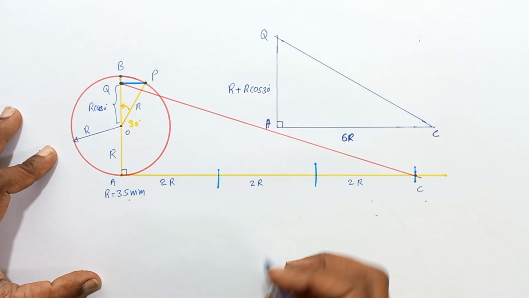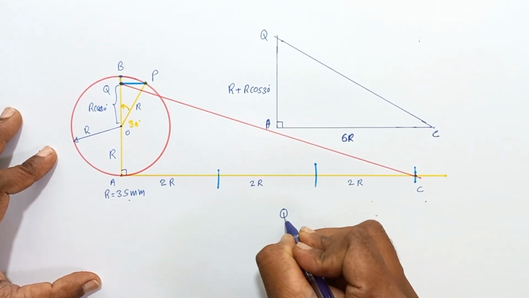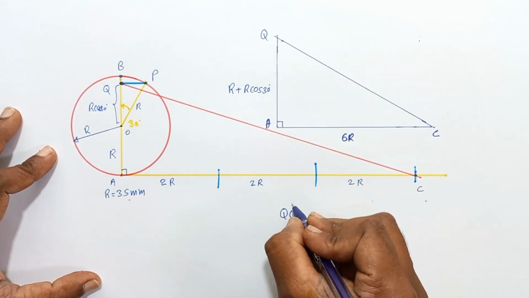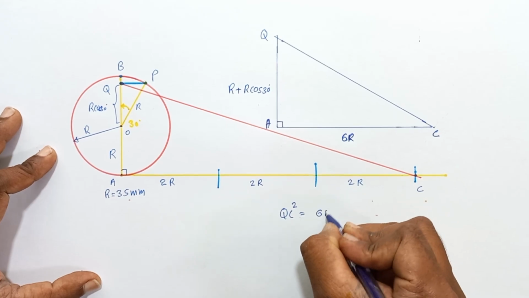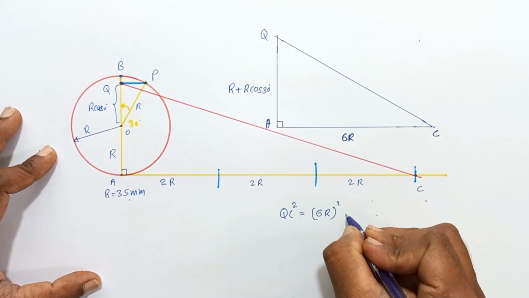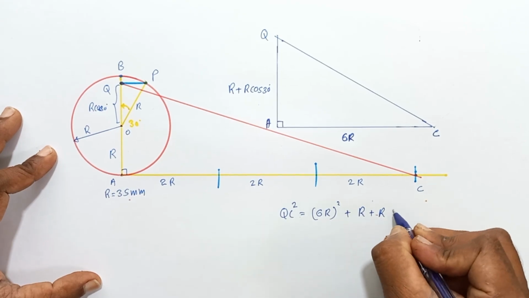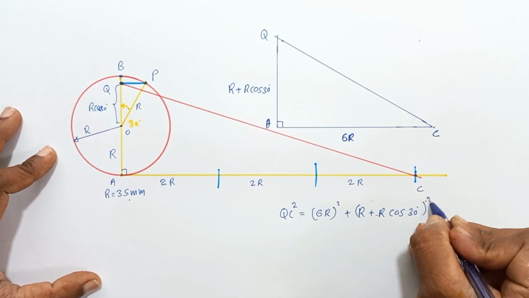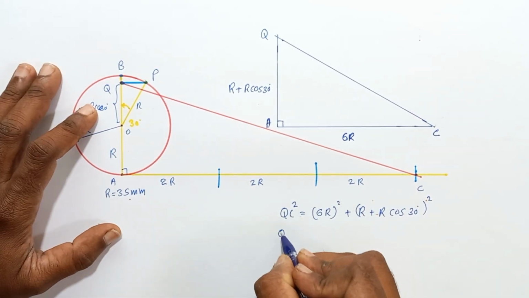Then the QC length, we can write using the Pythagoras theorem. We can write this equation: QC square is equal to (6r) square plus (r plus r cos 30 degrees) square. Then we can further simplify this one.